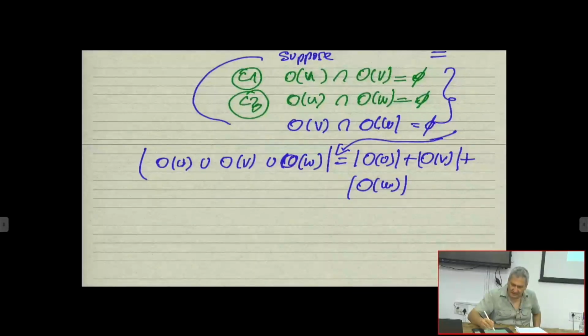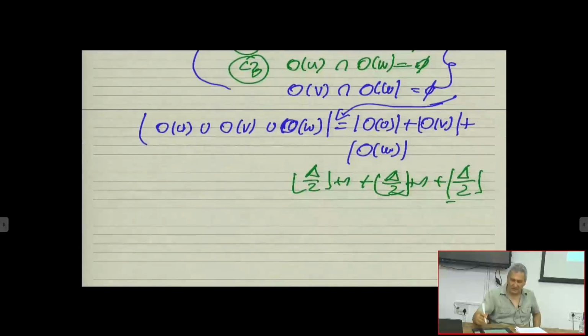They are delta half plus 1 plus delta half plus 1 plus delta half for W. Look, this is strictly more than 3 delta half, which is the size of all colors.